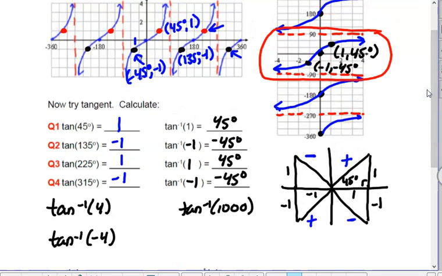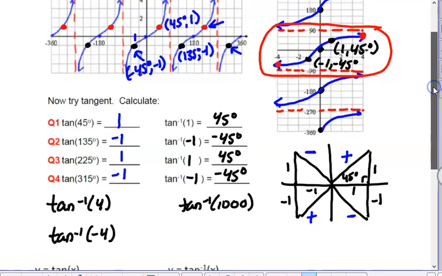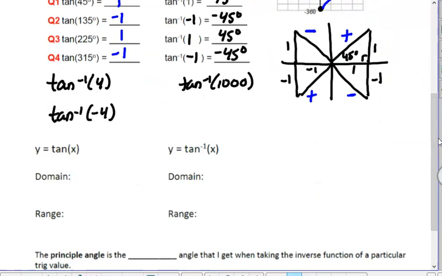If I do 4, I get an angle really close to about 75 degrees, negative 4 about negative 75, and the farther I get from 0, the closer my angle is going to get to either positive 90 or negative 90. So this turned out to be about 75.9 degrees, about negative 75.9 degrees, and this turned out to be 89.9 degrees, very close to 90.